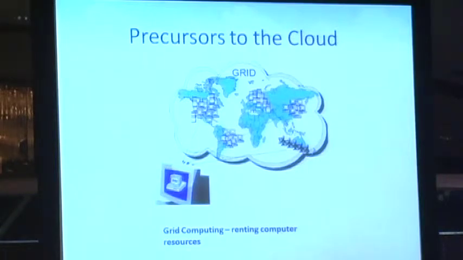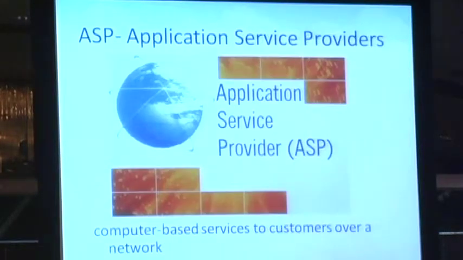In the beginning, we used to have a thing called grid computing, where you could rent resources on some big machines or some big company instead of buying all of it for yourself. It doesn't really pertain to you, but it's kind of where it began. After that, we had application service providers. These are companies that will host your applications.